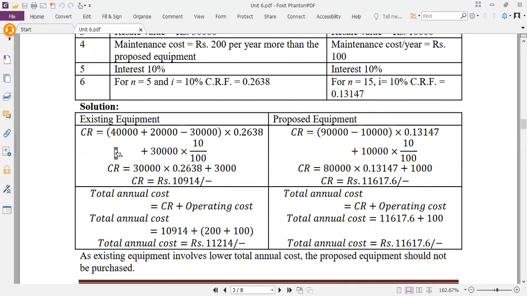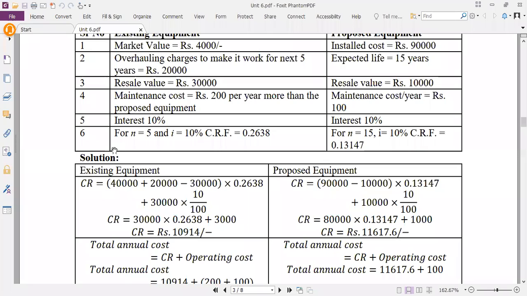The existing equipment: 40,000 is today's value. Then 20,000 is the overhauling charges, and the resale value is 30,000. So resale value I subtract: 40 plus 20 is 60, minus 30, so 30,000 is there.